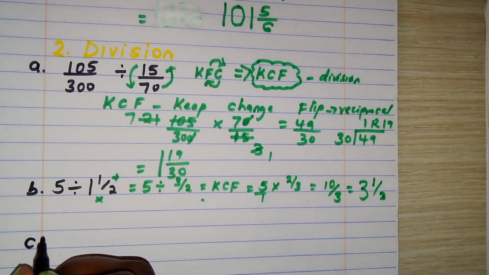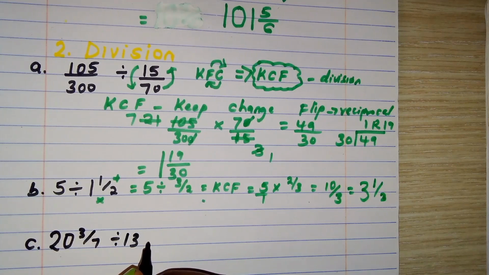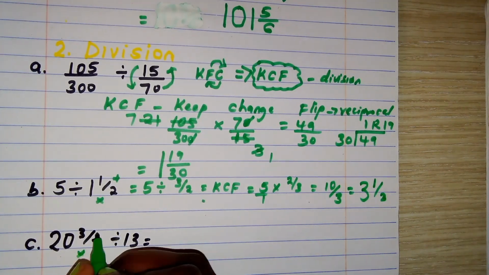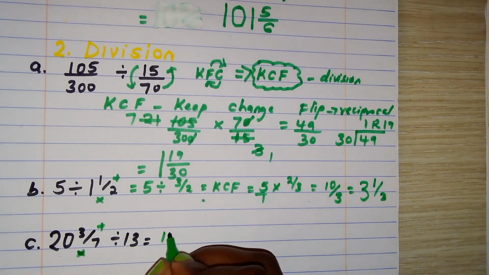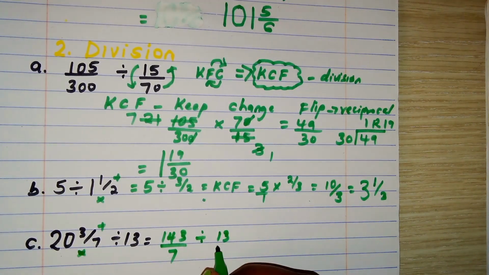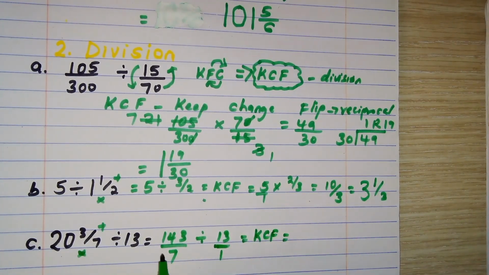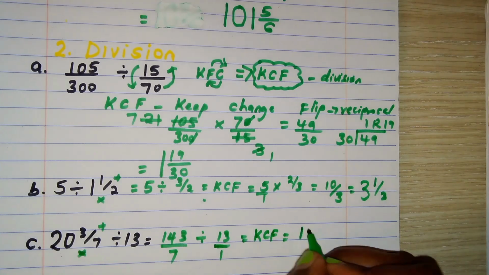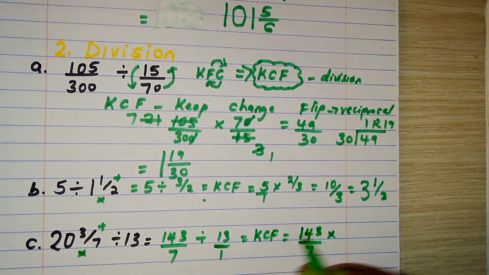Okay, the next question. 20 and 3 out of 7 divided by a whole number. So we change this one to improper. 20 times 7 is 140 plus 3, 143 over 7 divided by 13. 13 we can make it out of 1. So KCF again, keep the first fraction and then change the sign and flip 1 out of 13.